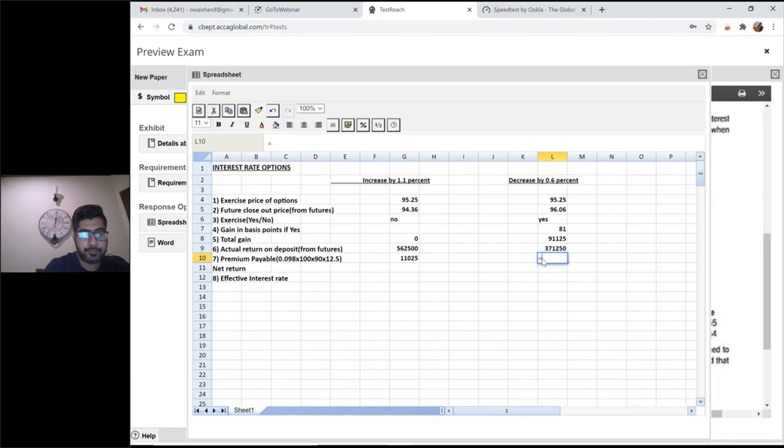Okay. So you will get the net return on net cost. So premium has to be paid, which reduces return. Therefore, I will deduct it.